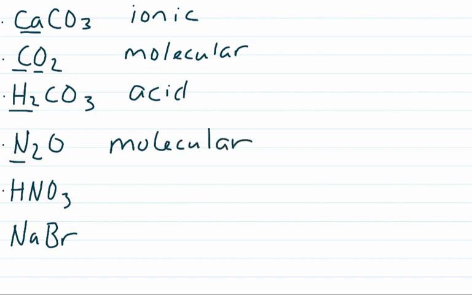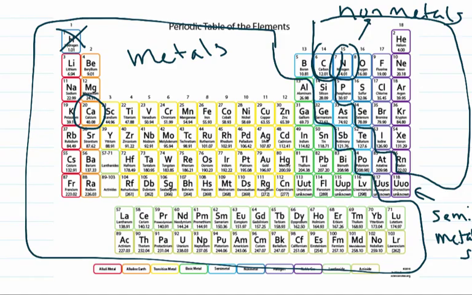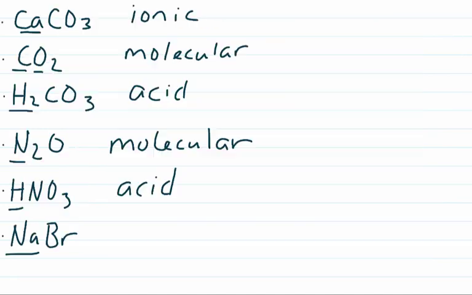This one, HNO3, begins with an H, so that makes it an acid. And lastly, this one begins with Na. Look at our periodic table. Na is sodium right here on the metal side, which makes this one ionic.